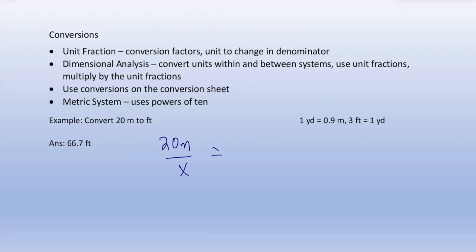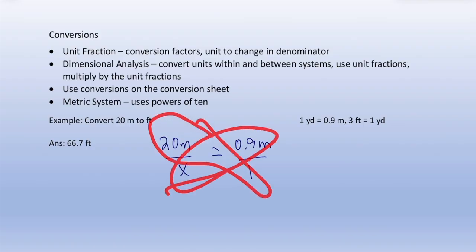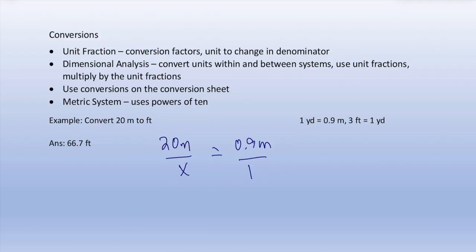If we know that 0.9 meters is 1 yard. So again, cross multiply. And so we're going to get 20 equals 0.9x, divided by 0.9. So 20 divided by 0.9 will give us, remember, that's yards.